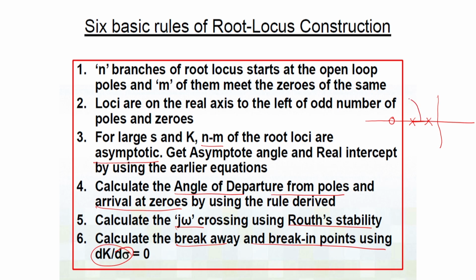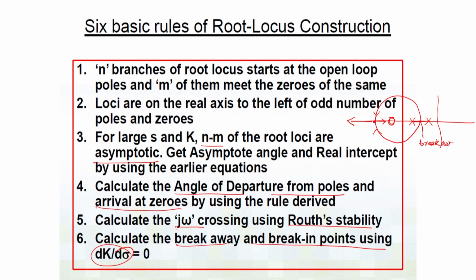Well, these 2 poles are going to, as you increase the gain, take a turn and come here. After coming here, one pole is going to go to this 0, another pole is going to go towards the zeros at infinity. So, one breakaway point is this. So, this I will call a breakaway point.